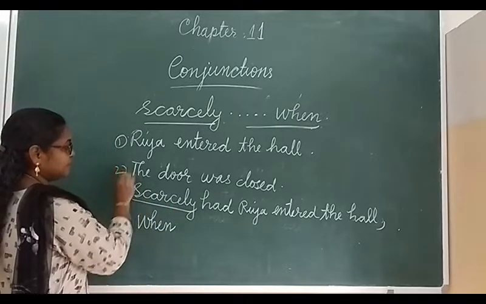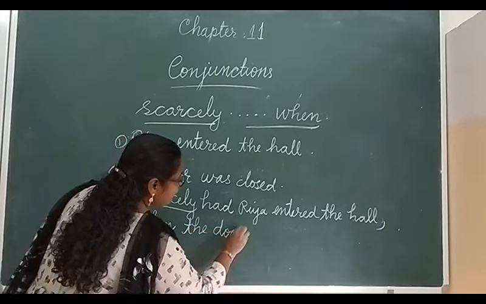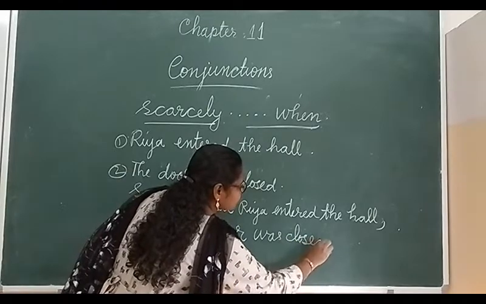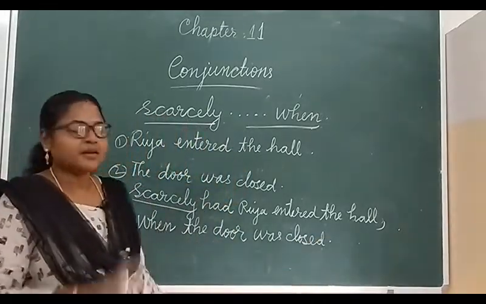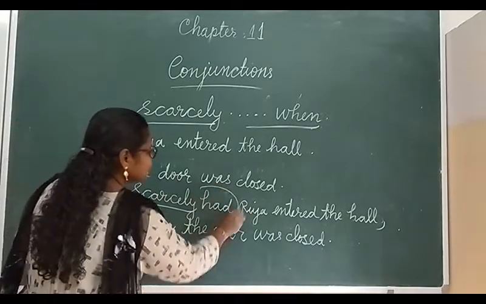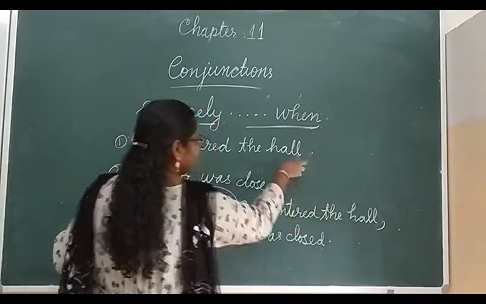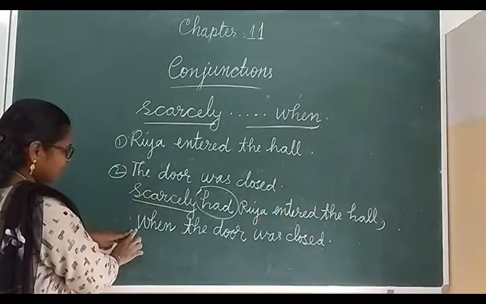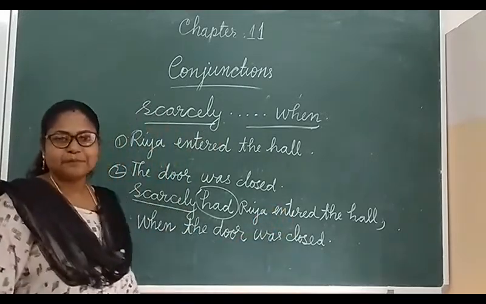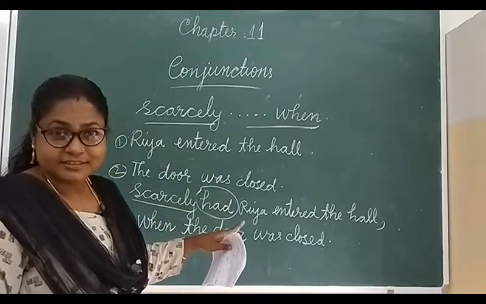Second sentence: the door was closed. Okay. Scarcely, remember to put "had" here. Scarcely had Ria entered the hall, comma, when the door was closed. Okay. It is the same as hardly when.